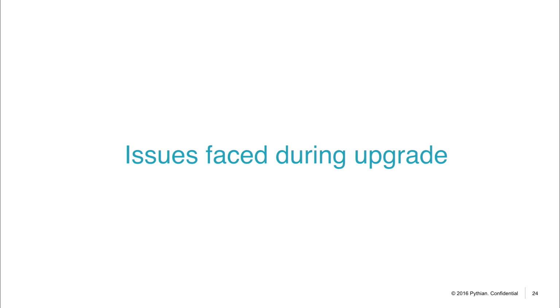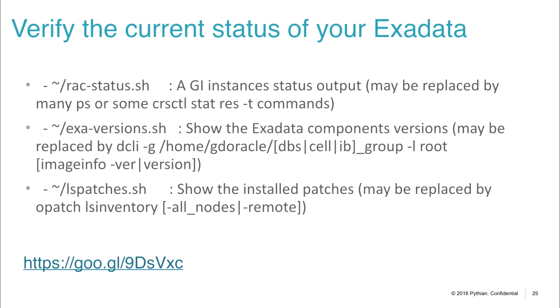So now we're going to get a little bit into the issues that I faced with several clients when going from an Exadata 12 to an Exadata 18. Currently, one of my teammates manages, at this URL, a lot of scripts that are very helpful and that I really recommend you download.